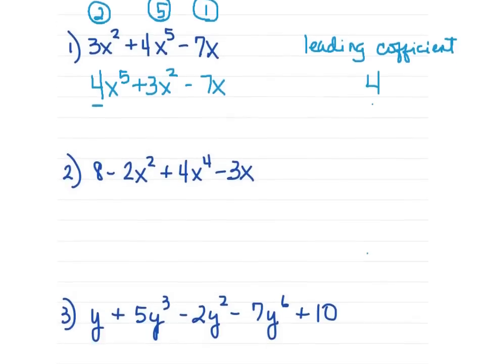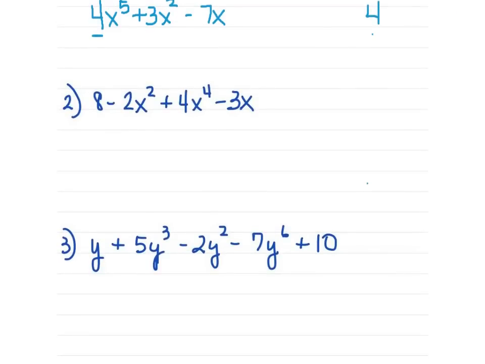Okay. Number 2. The number 8 is 0 degree. Negative 2x squared is a monomial of second degree. 4x to the fourth is fourth degree, and negative 3x is first degree. In order to write a polynomial in standard form, we must order the terms in descending order of their degrees.